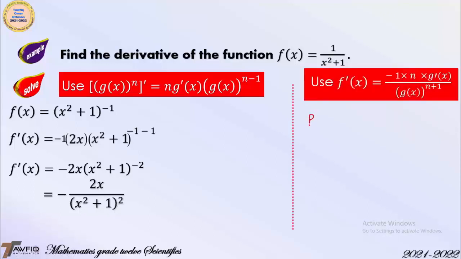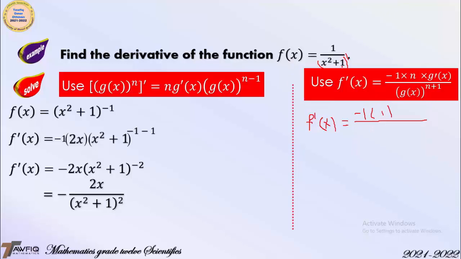We can say f'(x) is equal to: write a line, then write a minus. Then write the numerator, which is 1, and then write the power. Here the power is 1, so write 1.